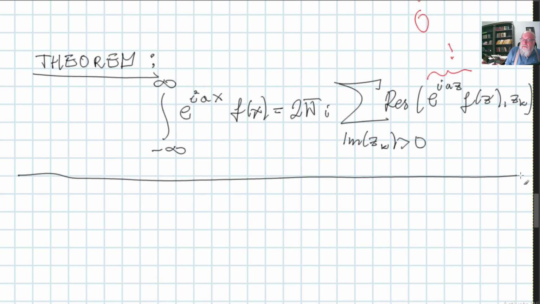So now let me continue with the examples, and the example is number 5.